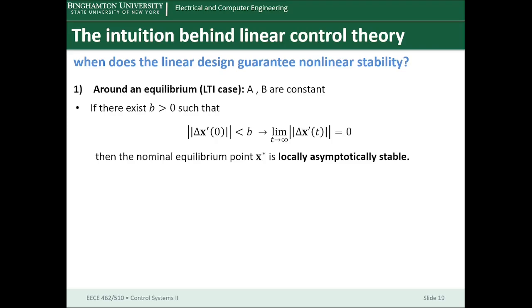regardless of its initial condition, or if we can find b, such that when delta x prime 0 is less than b, the delta x prime goes to 0 or converges to 0, then the actual nonlinear perturbation delta x of t also converges to 0.